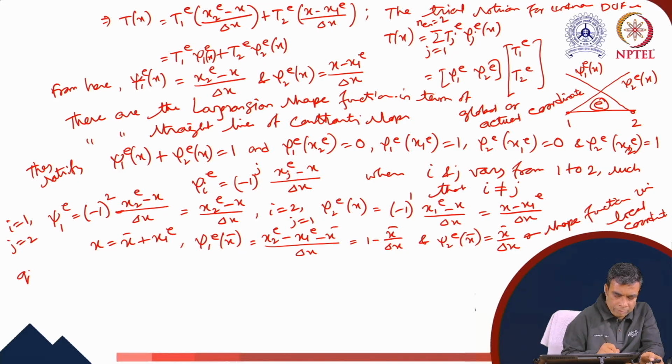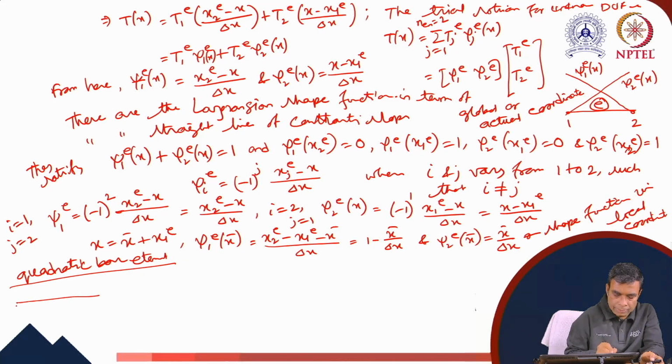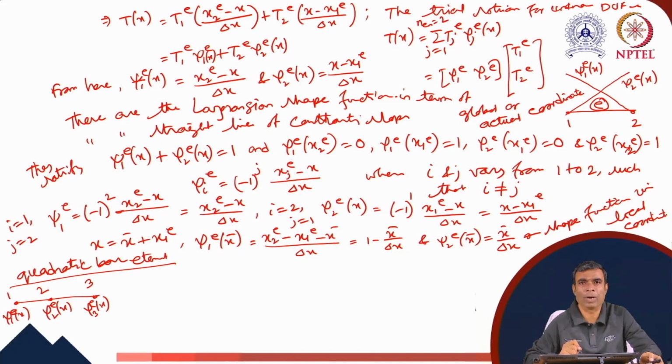So for a quadratic bar element, we have three nodes, nodes 1, 2, and 3. So we shall have psi 1e, psi 2e(x), psi 3e(x). Since this is a quadratic polynomial, it means that it is a parabola. So every shape function will look like a parabola.